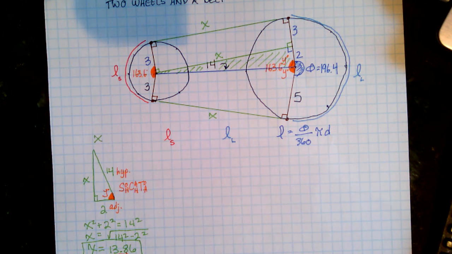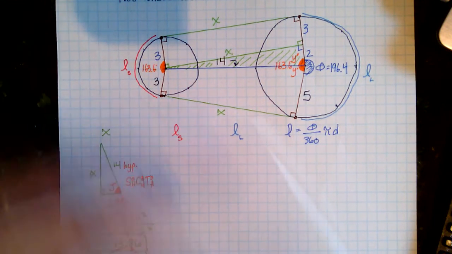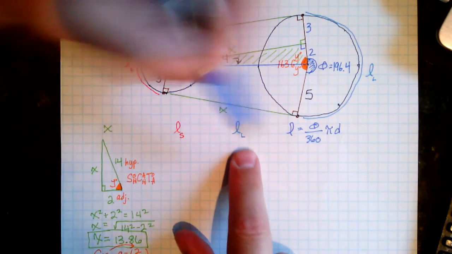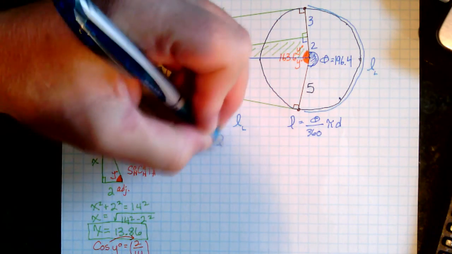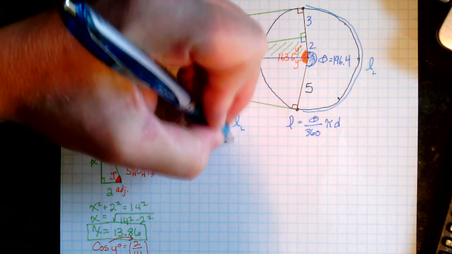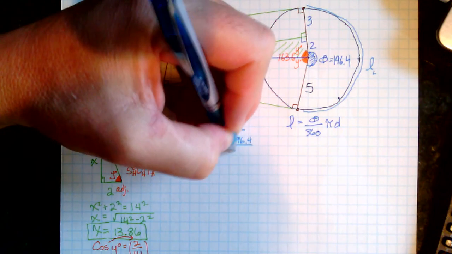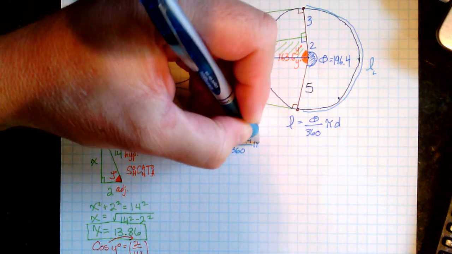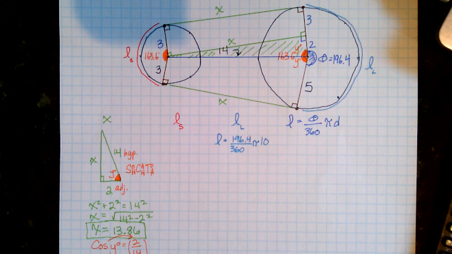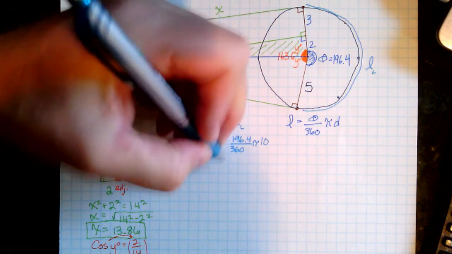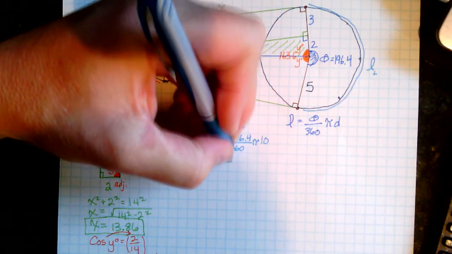So with that information, we're going to try to find the length of the large arc. Remember, the length of an arc is equal to the central angle, 196.4 over 360, times pi times the diameter, which is 10. If we crunch our numbers, the length of that arc ends up being 17.1.